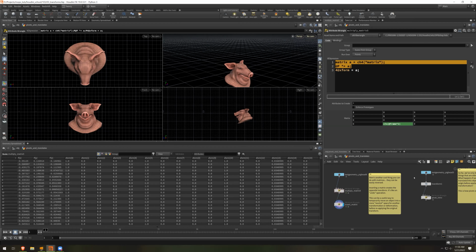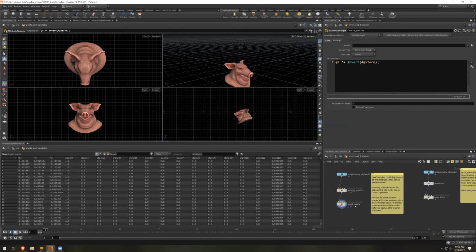So going back to this, the nice thing about inverting matrices, not only is it an undo step, but what it allows us to do is we don't have to invert our own matrix. We can invert someone else's matrix and apply it to ourselves.